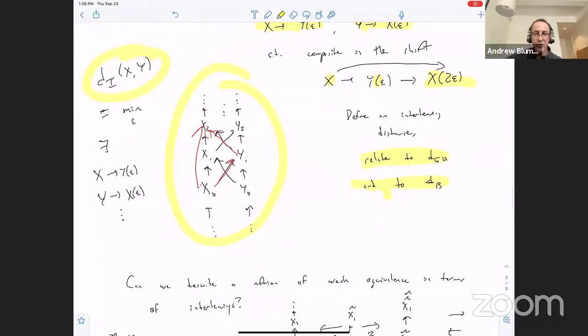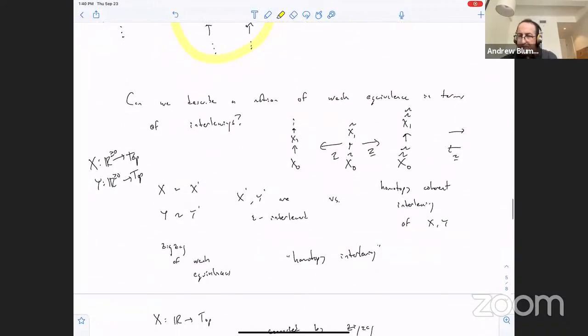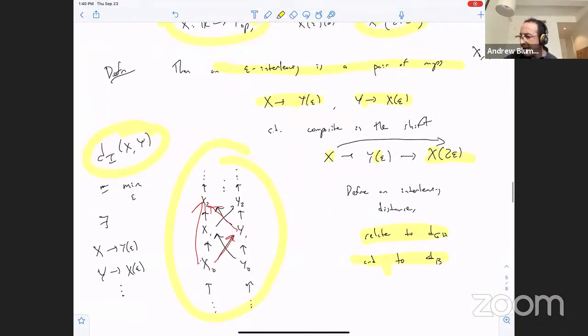So this gives us a way to think about the notion of approximate weak equivalence or approximate homotopy equivalence, where this notion is strict. I'm asking for this diagram to actually commute.